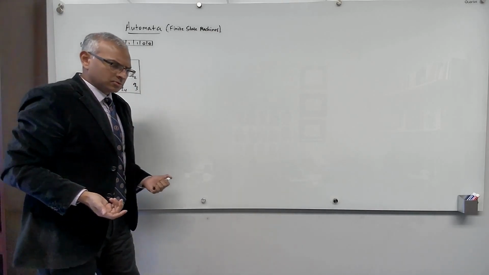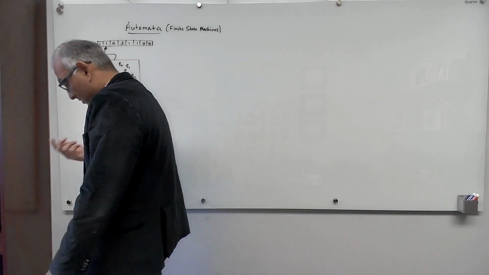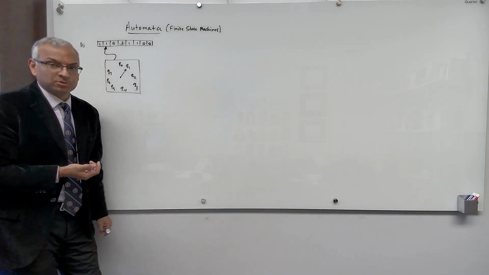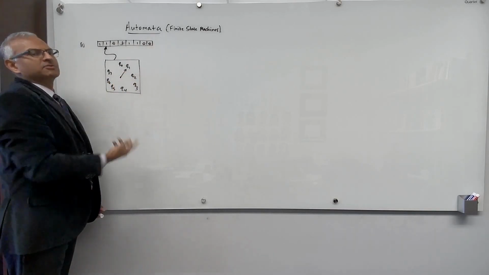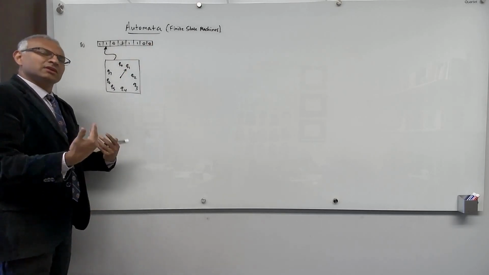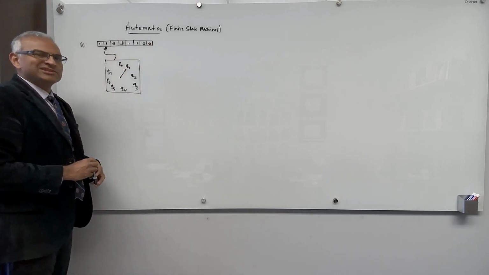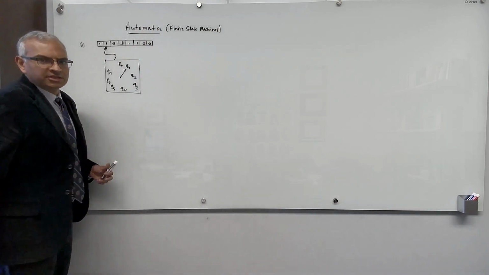There's nothing more to do there. There are no more inputs to chomp up, to process. And so when it's done, it's in some state, in this case, for example, Q1. When it's done chomping up all the inputs, we need some implicit way of telling the machine you're done with your input. So it tries to chomp and sees dirt.